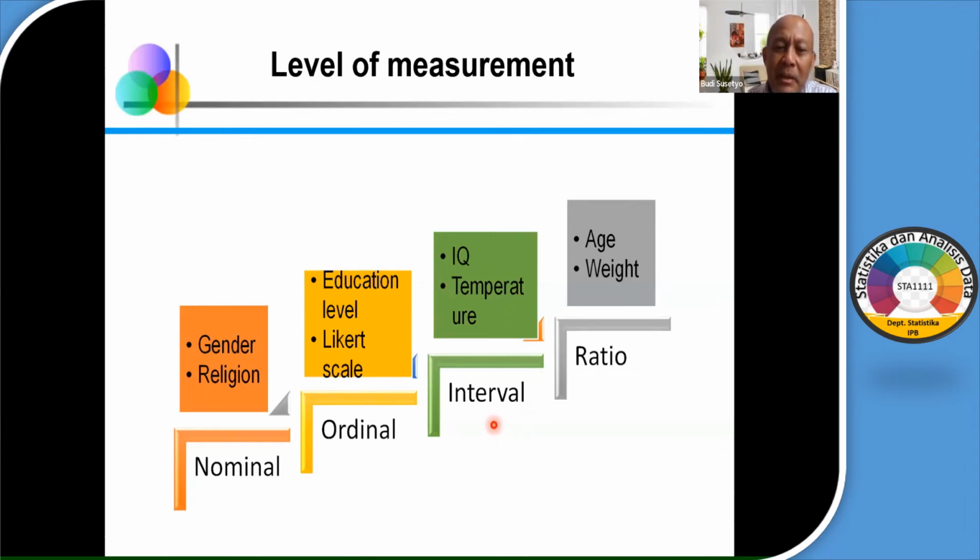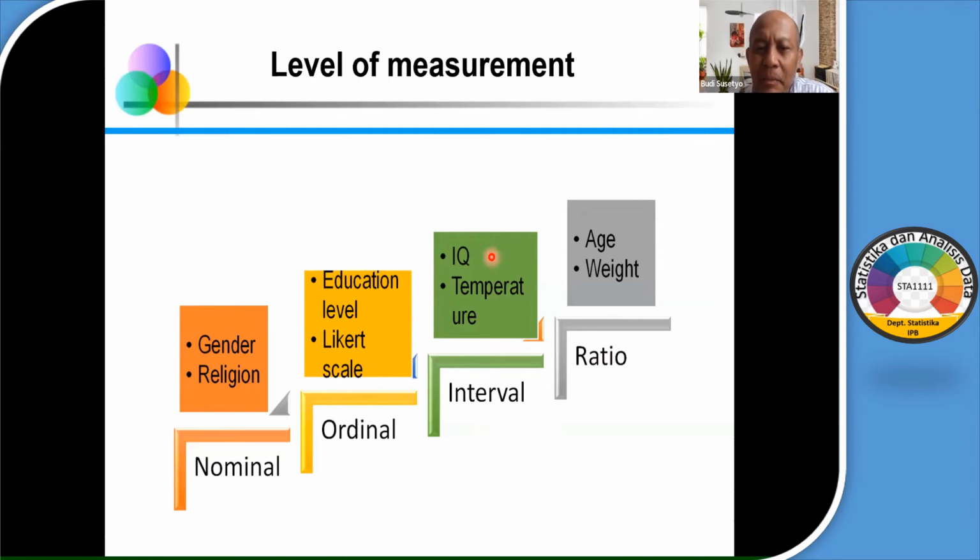Different with interval and ratio. Interval, for example, IQ. You can calculate here the average of IQ. IQ of someone is higher than IQ of someone else.